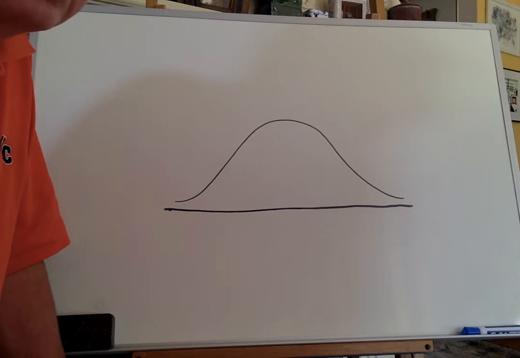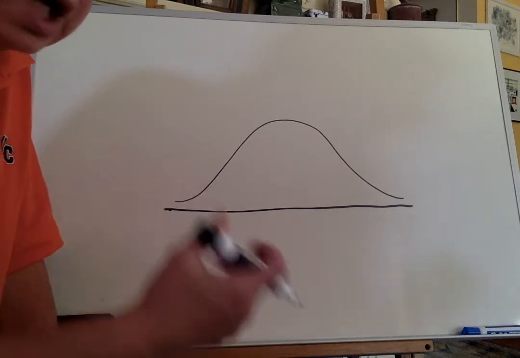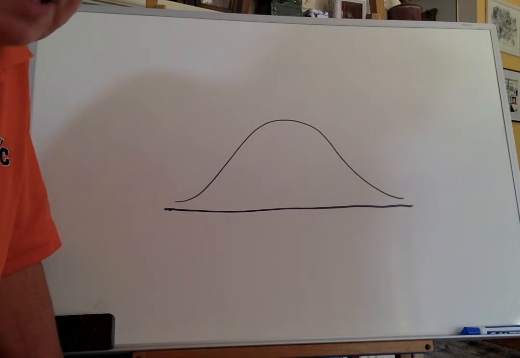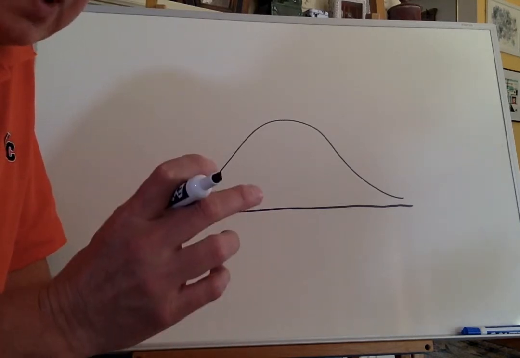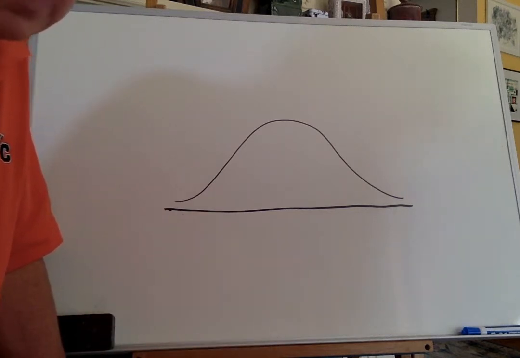And the unit normal table is predicated on a normal distribution of data. In fact, if you do the homework problems in the chapters, oftentimes they'll start a problem by saying, assume that these data are distributed normally.